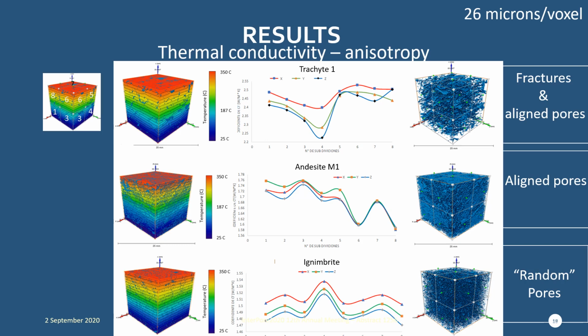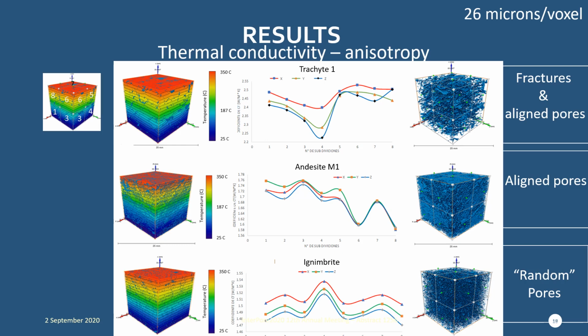And also we have curves in red, green, and blue that correspond to X, Y, and Z. So you can see for certain cubes, like the cube number 4 in the Trachyte 1, which is the top sample, we have a high anisotropy.